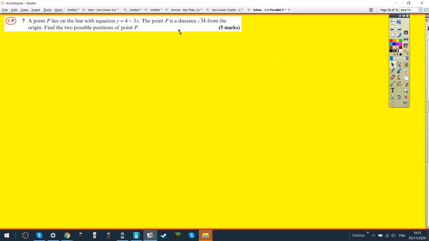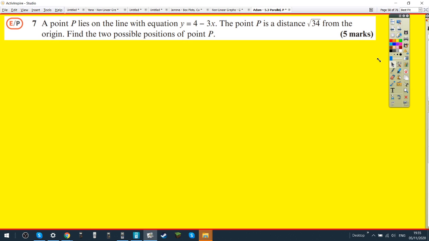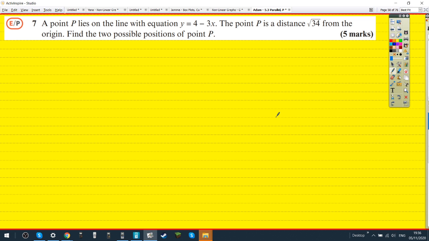Okay, so this is an exam question. Let's give this a go. It looks a bit different.